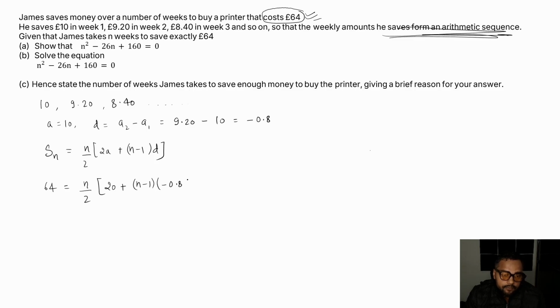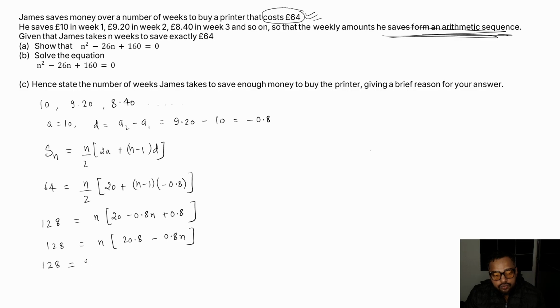and d is negative 0.8. On calculating it further, we'll get 128 on the left hand side, and on the right hand side 20 plus, and here we need to open the brackets, so we get 0.8n plus 0.8. So 128 equals n times 20.8 minus 0.8n, so 128 equals 20.8n minus 0.8n square. On transposing 0.8n square to the left hand side, the negative sign changes to positive, so it will be 0.8n square.